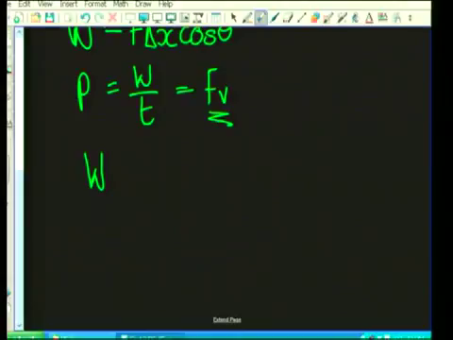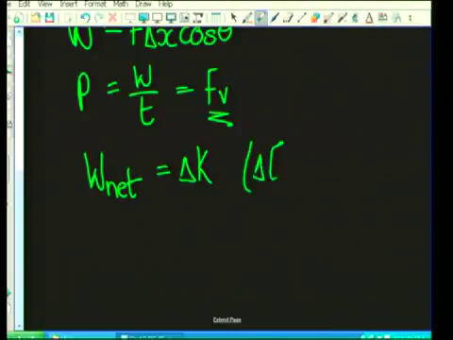For the work energy theorem, and this is the one that we know you guys don't really like, the work energy theorem says to us that the net work done on any object is equal to the change in kinetic energy. Some of you might have learned it as change in EK. That's fine. K is the symbol that's on your information sheet at the moment. Guys, that's very important because you're going to get it.